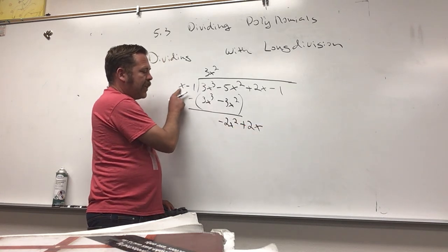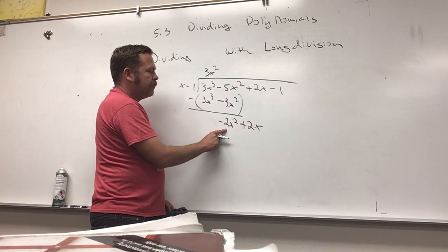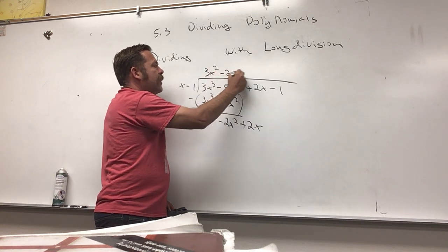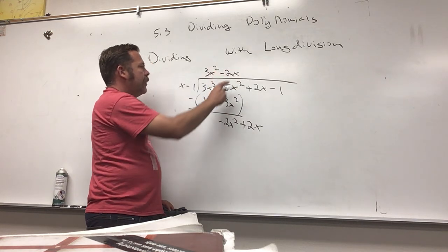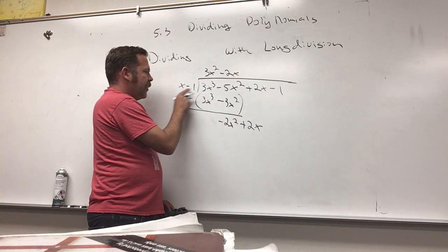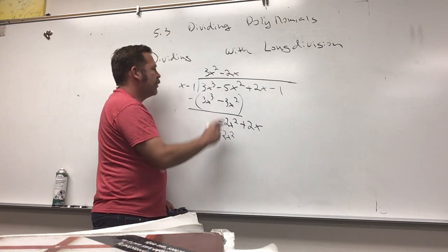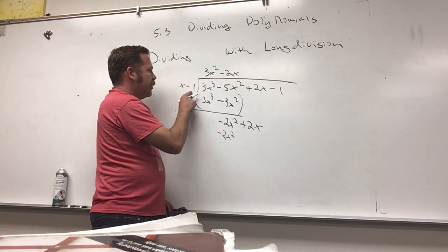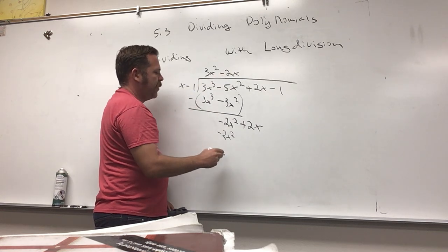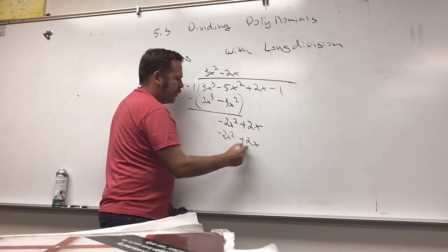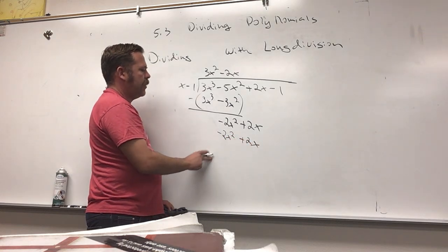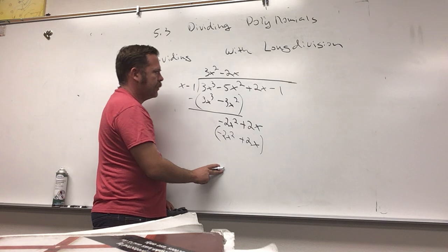And how many times is x going to negative 2x squared? Negative 2x. And negative 2x times x minus 1 gives me negative 2x squared. And negative 2x times negative 1 gives me plus 2x. And then I'm going to subtract.